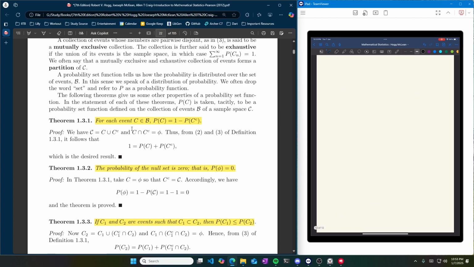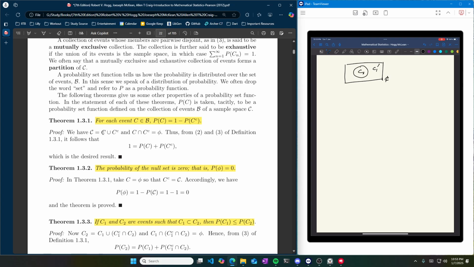Now the next part is also very intuitive. There are proofs written which we can do one way, another way also we can see. Let's say this is C, the whole sample space is C. This is event C1. Let's say this is C1 complement, right? Everything else is C1 complement.